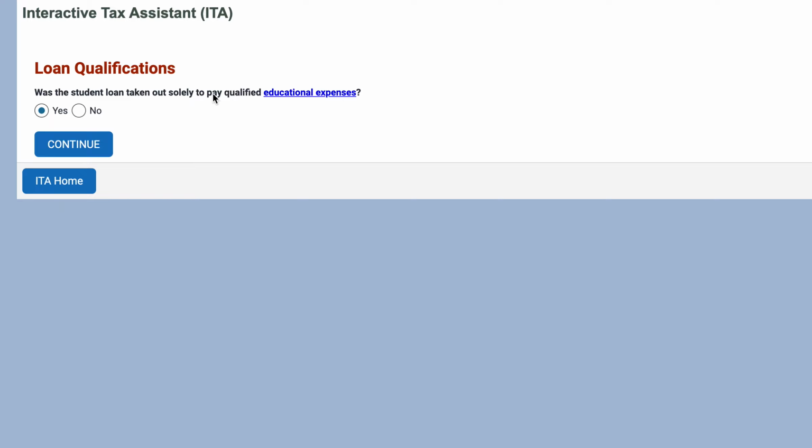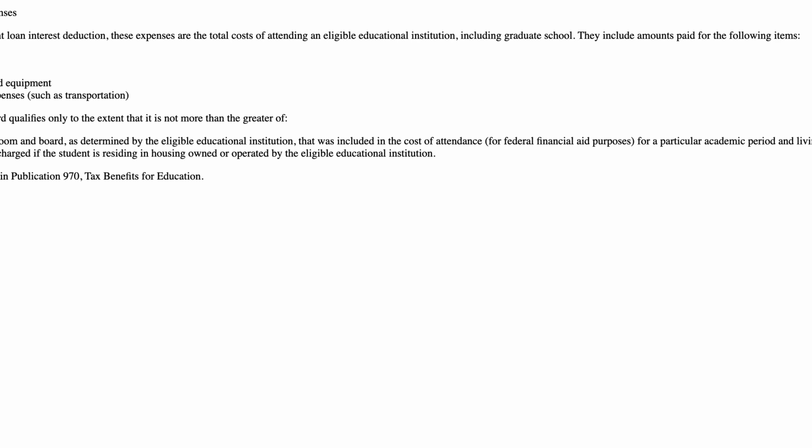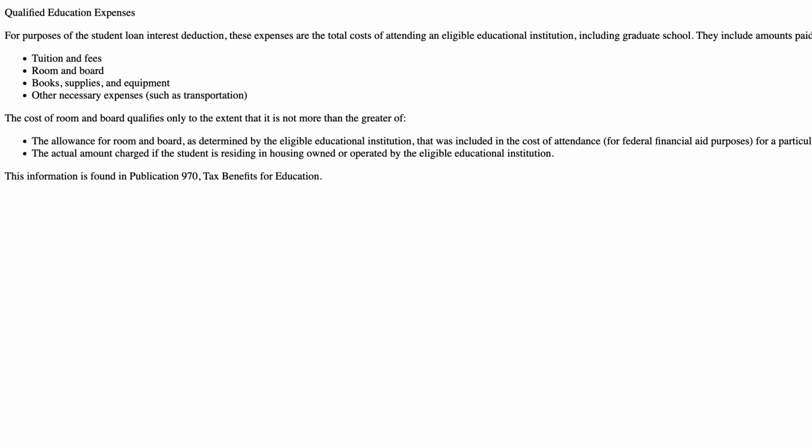So anytime you're in the interactive tax assistant and you see this blue highlighted text, that's where you can click on it to get additional information. And they put pages from the various IRS publications. This is directly from publication 970, Tax Benefits for Education. And this is a list of qualified education expenses.